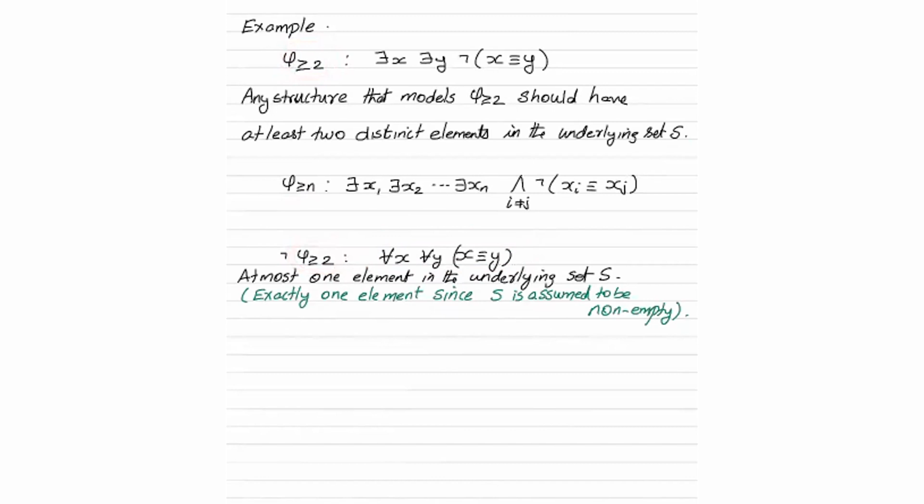For any model of this formula, there's exactly one element in the underlying set. So these are some examples of formulas. Is that okay? Any questions? Again, I'll share these slides so that you can go over them later. Any questions?